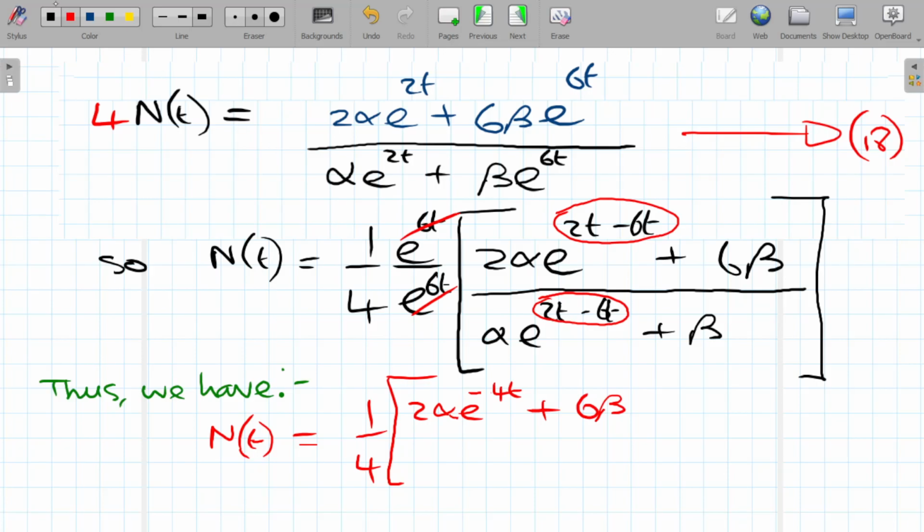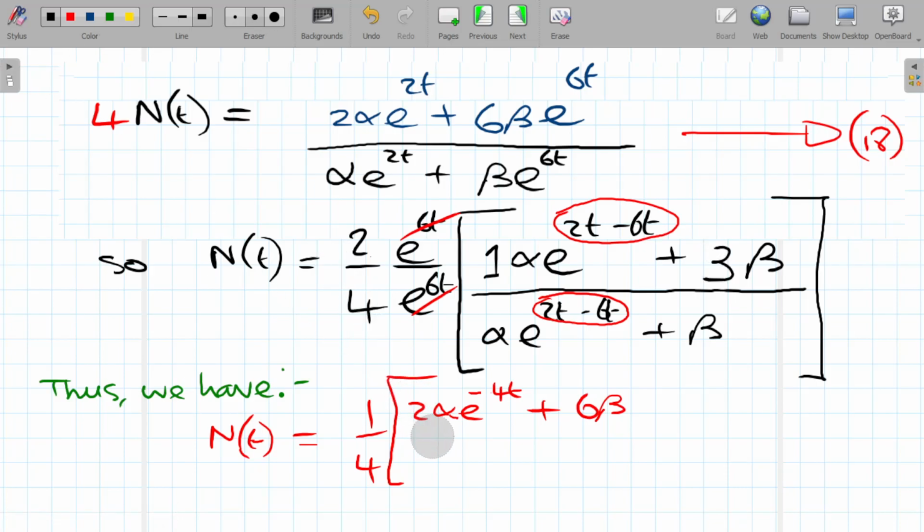I'm going to simplify it here, so we've got 2/4 there, we've just got 1 there now, and we've got 3 there.